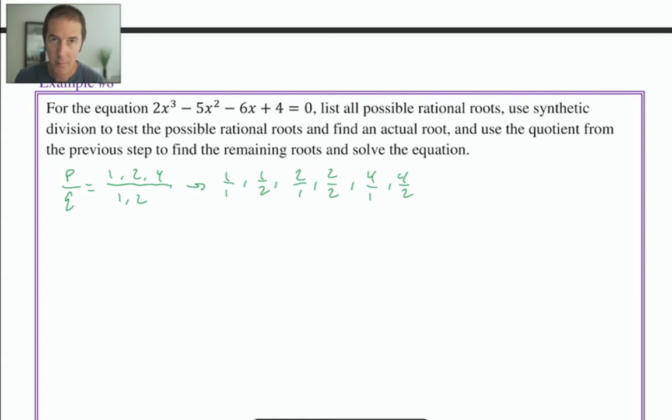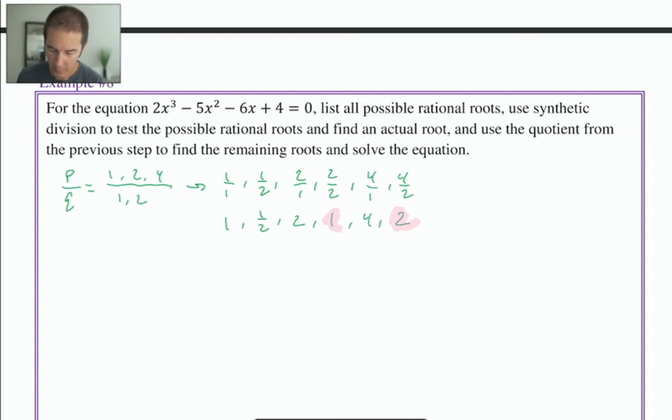And then let's clean up each one of those fractions and see what we have. This is a 1 and a 1/2 and a 2 and a 1 and a 4 and a 2. So I'm seeing some duplicates here. The 2 is appearing twice and the 1 is appearing twice.